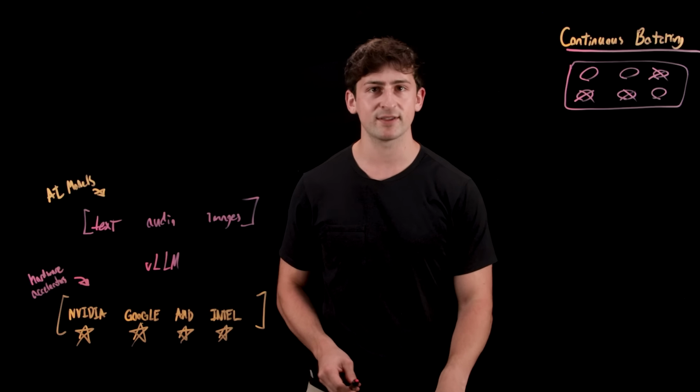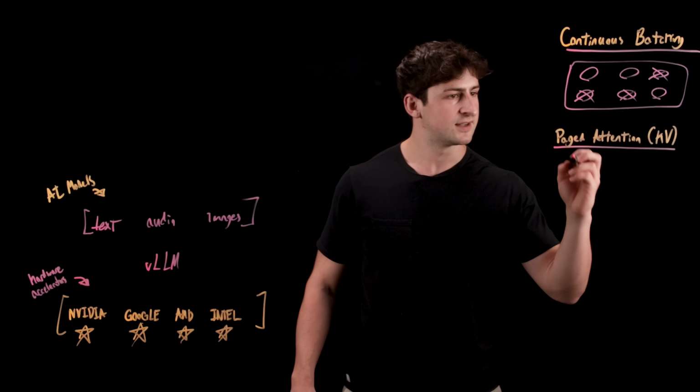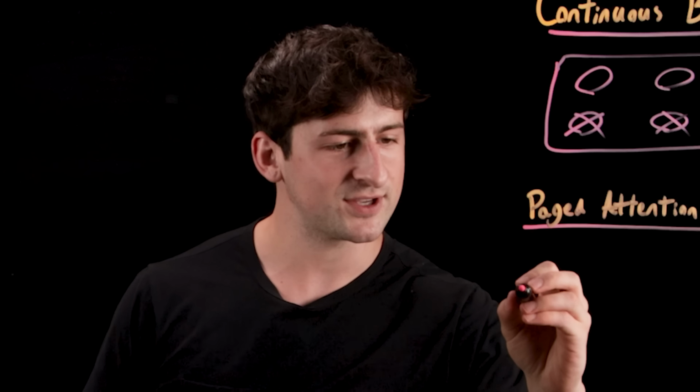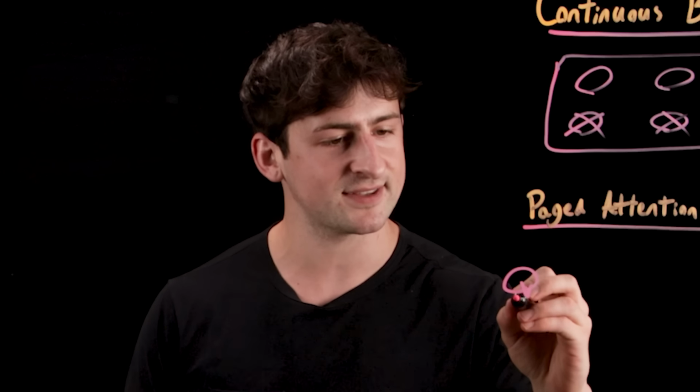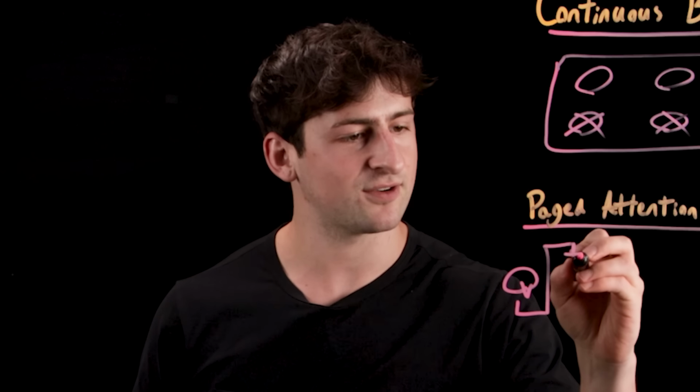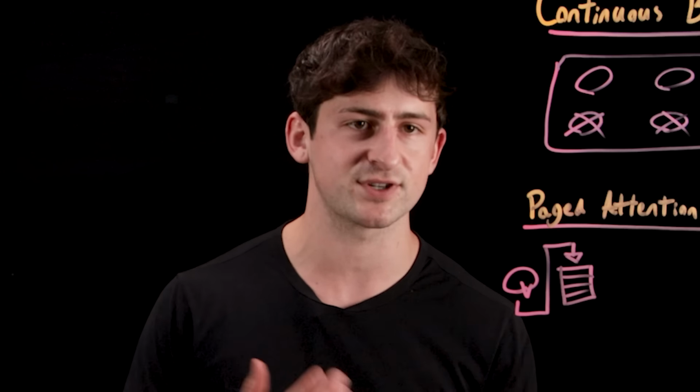Now, there are also other optimizations for efficient KV cache usage. Again, let me give you an example. When a user's request comes into an LLM, we take those input tokens and run them through each of the layers of the large language model.